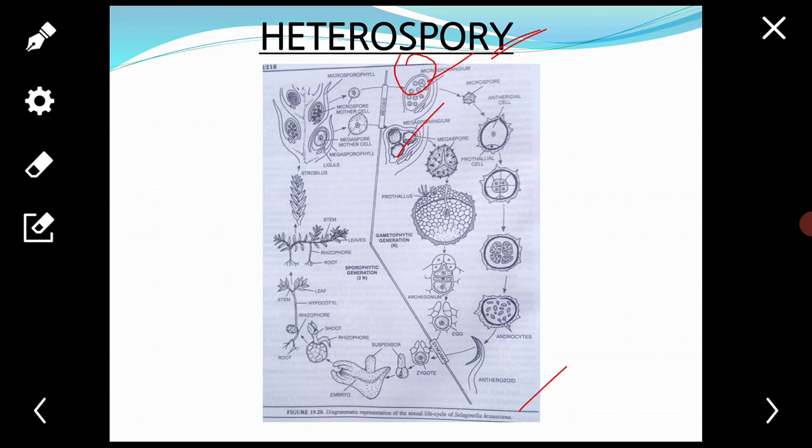On the other hand, all the spore mother cells in the megasporangium do not complete their development, means only one or a very few megaspore mother cells undergo meiosis and produce a very small number of functional megaspores, usually 4.